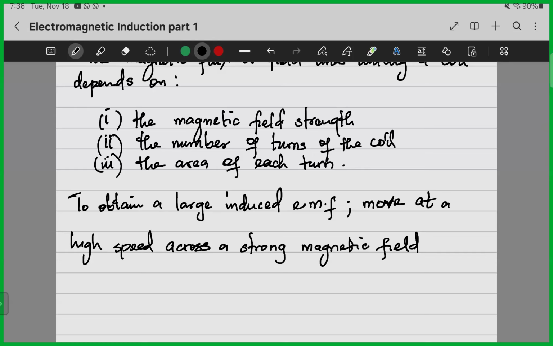For EMF to be produced, the coil has to be moved at a high speed. This will have more number of turns across the strong magnetic field.